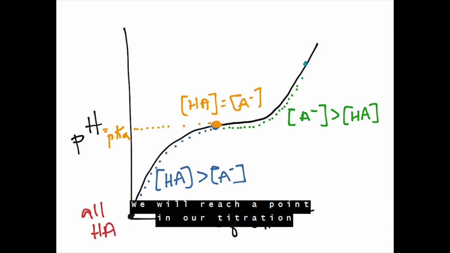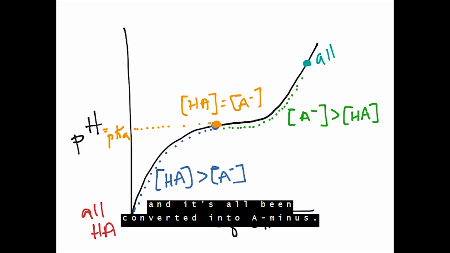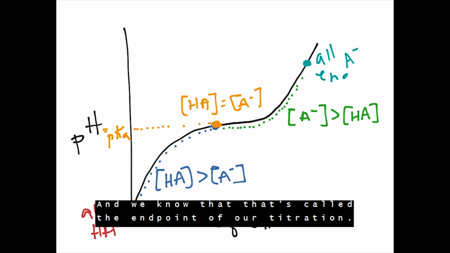We will reach a point in our titration where we've now reacted all of the weak acid and it's all been converted into A minus. And we know that that's called the endpoint of our titration.